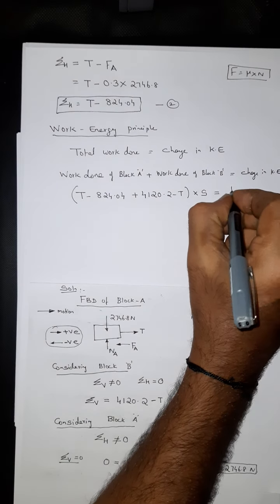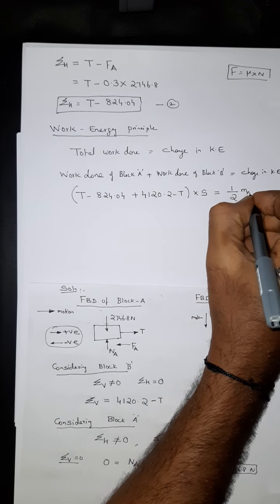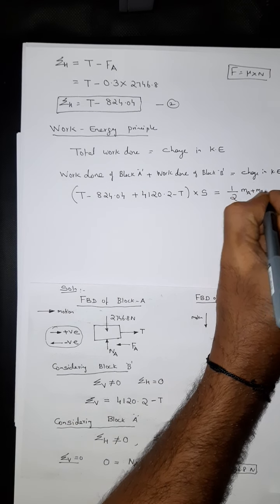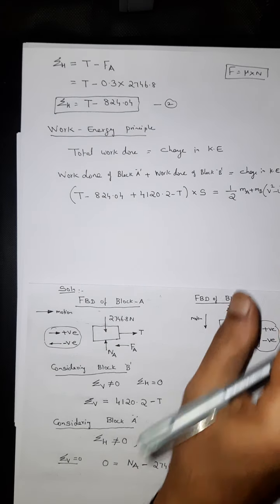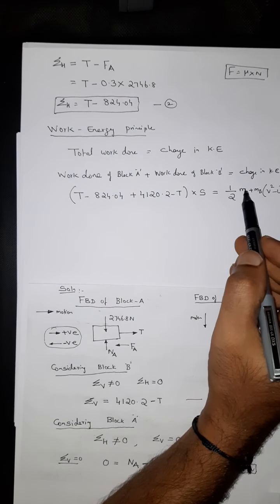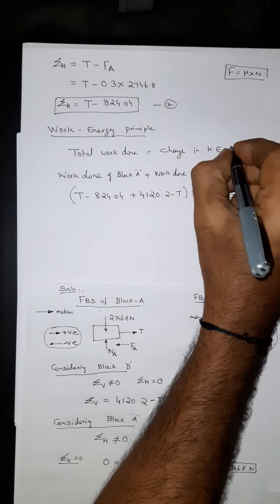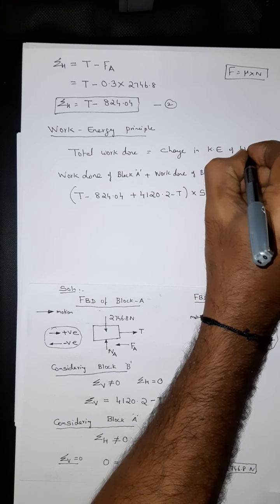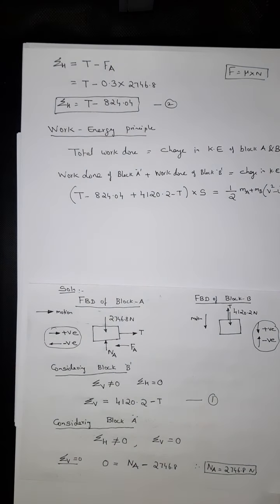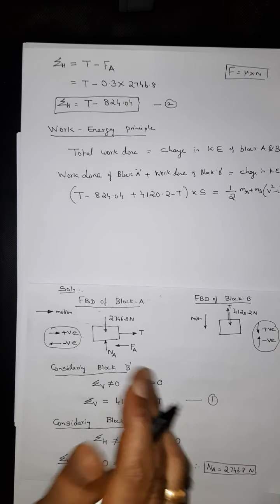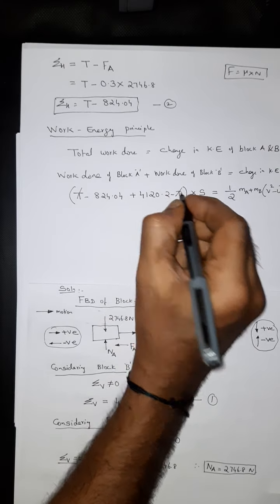Equal to change in kinetic energy of MA plus MB into V square minus U square. Two blocks, right? Change in kinetic energy of block A and block B. So T gets cancelled.